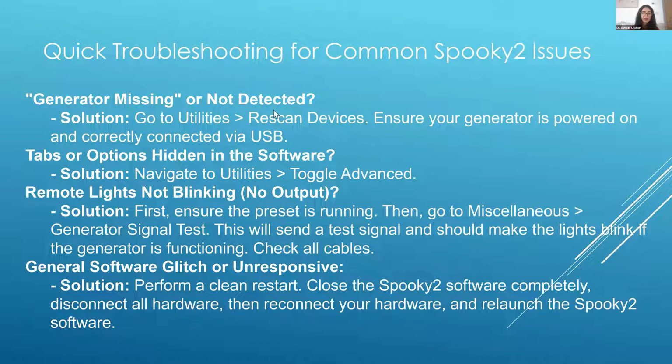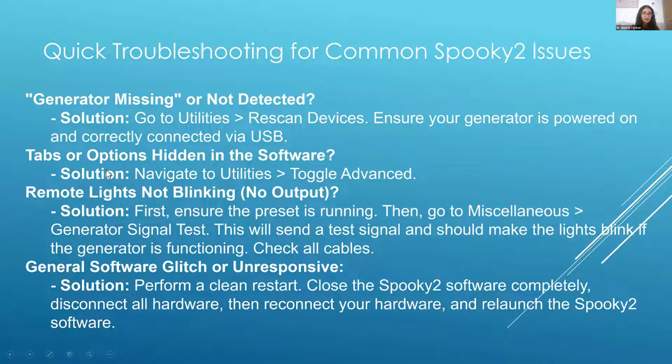If that still doesn't work, close the software and restart it. If that still doesn't work, restart the computer and make sure your connections are on and working before the software is turned on. I find that if I turn the software on first and then put the generator on, it doesn't work. So I have to make sure that the generator is on first.